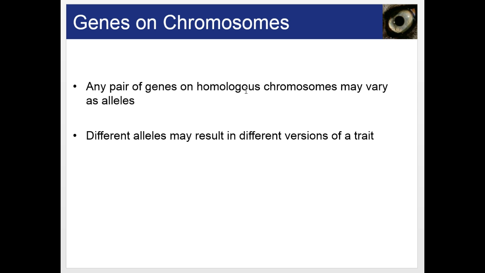For instance, blood type is a gene and comes in 3 alleles. There's the A allele, the B allele, and the O allele. Then there's some that only come as discrete traits that are either or, such as having freckles or not having freckles, having attached earlobes or unattached earlobes.